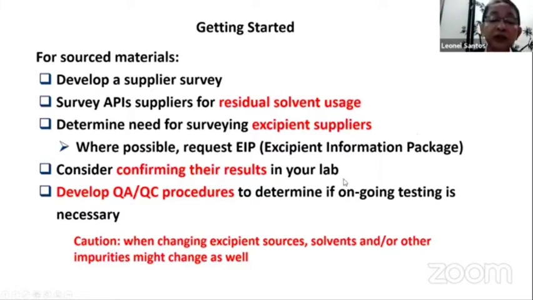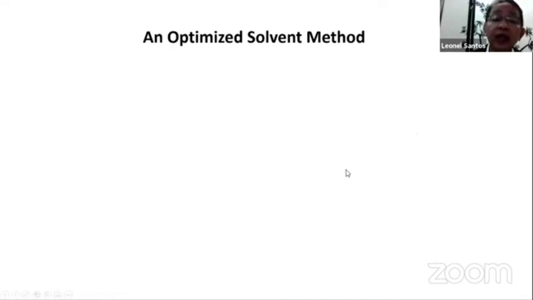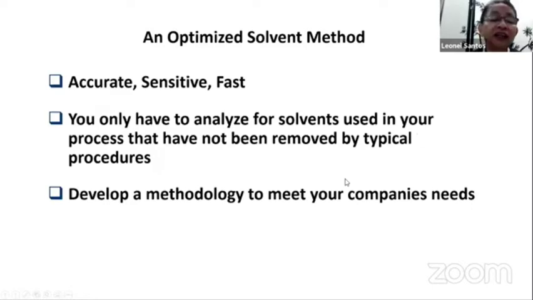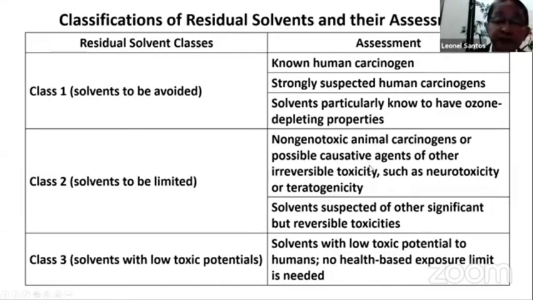You need to check for the residual solvent impurities. An optimized solvent method is something that is accurate, sensitive, and fast, and you only have to analyze the solvents used in your process again. And you need to develop a methodology to meet your company needs.